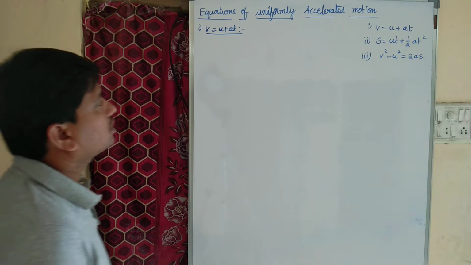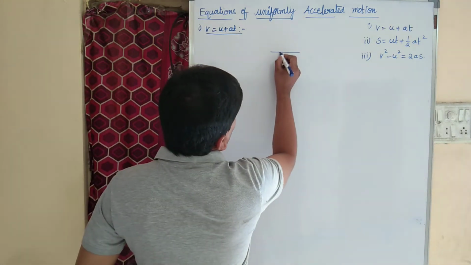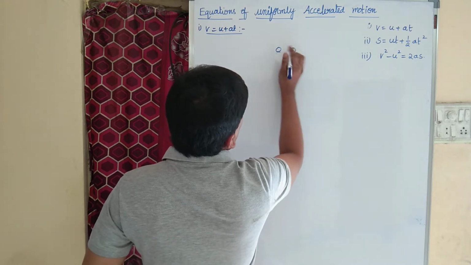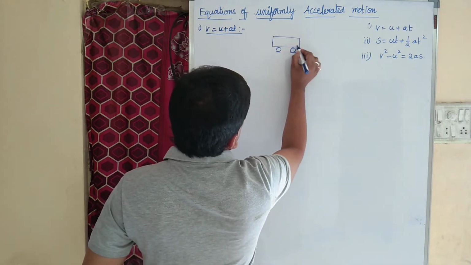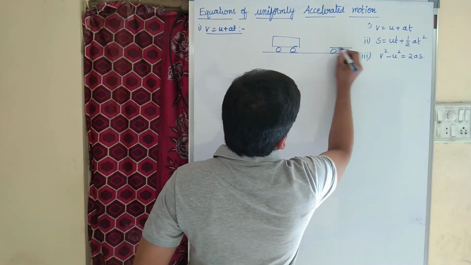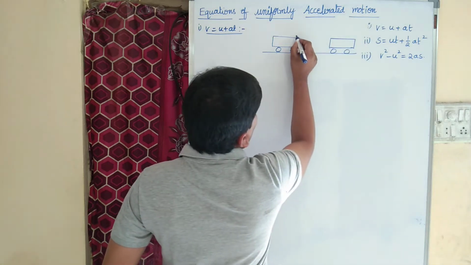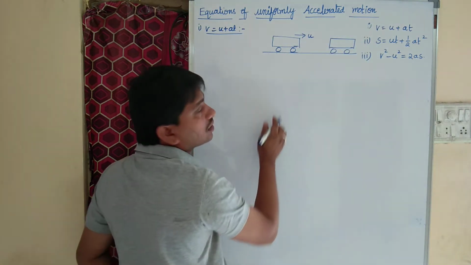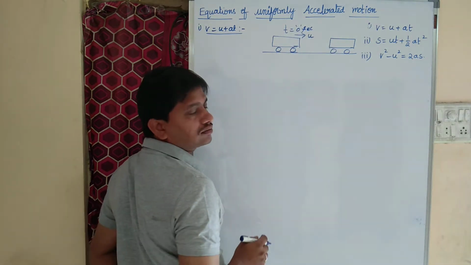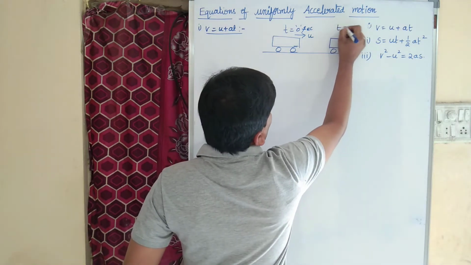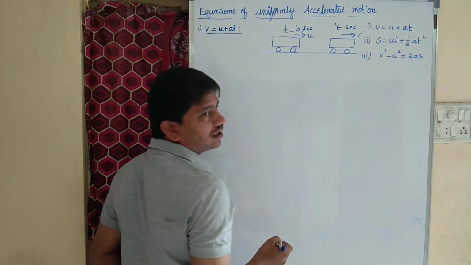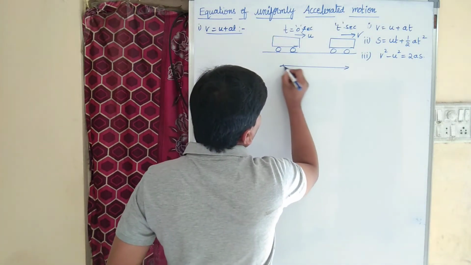Students, suppose this is the body, which is traveling with initial velocity u at time t equal to 0 second. After t seconds, velocity acquired by the body is v and the distance travelled is s.